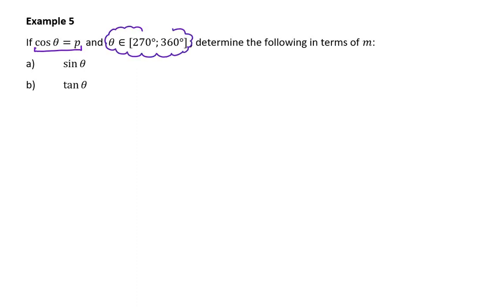Now notice this can't possibly be a right angle triangle, because they've told me that it's from 270 to 360, which means all the way around in quadrant 4. So there is this point, whatever this point is, I'm going to call this point B. So what are my signs of x, y, and r? I'm going to treat this exactly the same. I've drawn a sketch, I've isolated the quadrant.